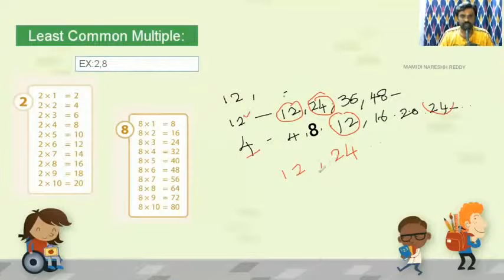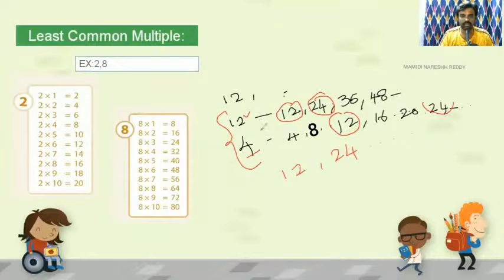12 comma 24 means the common multiples of 4 and 12 start from 12 and go to infinity. So these two numbers are divisible by each of the given numbers. 12 is divisible by 12 and 24 is also divisible by 12. And 12 is divisible by 4 and 24 is also divisible by 4.